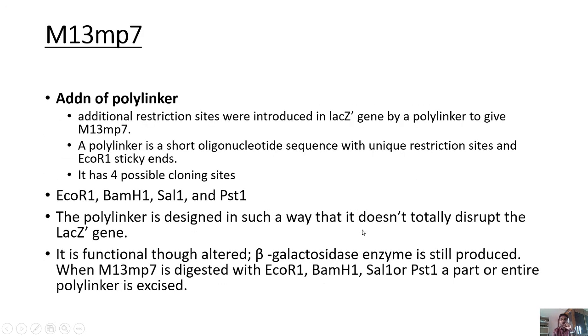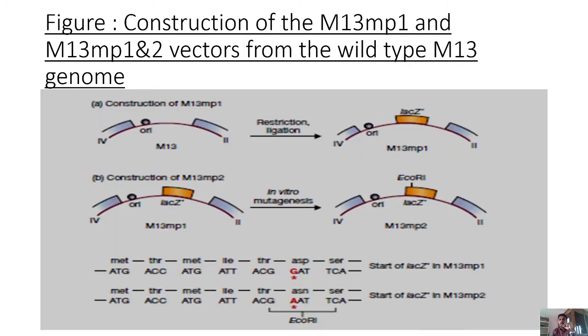Now you are going to construct another vector, that is mp7, because this M13mp2 has some more drawbacks. You know why? Because it has only one restriction site.